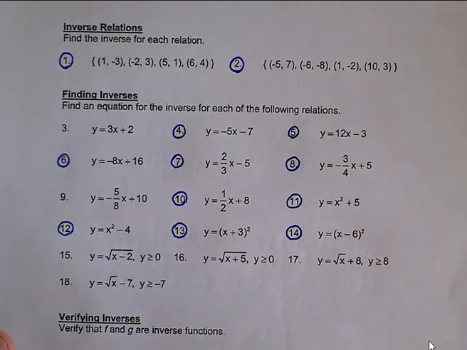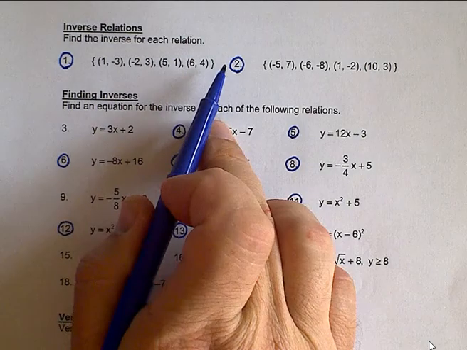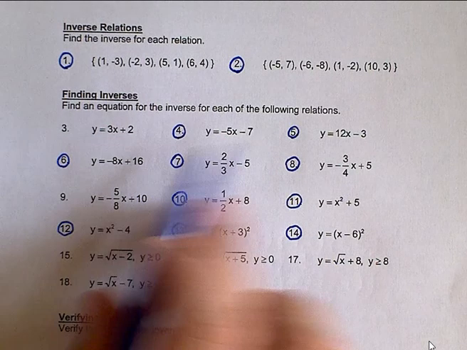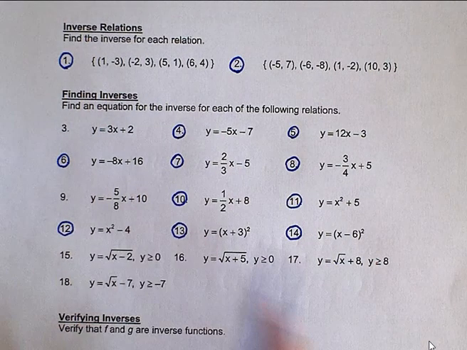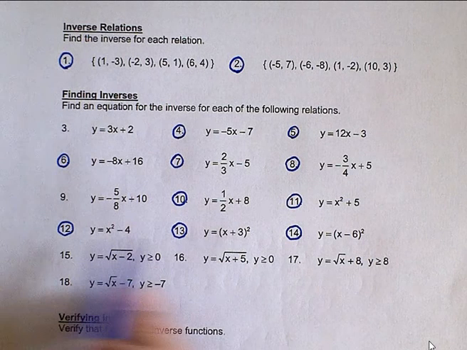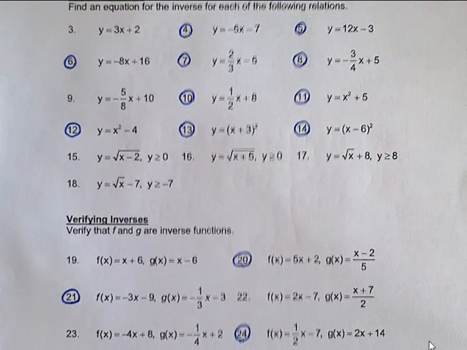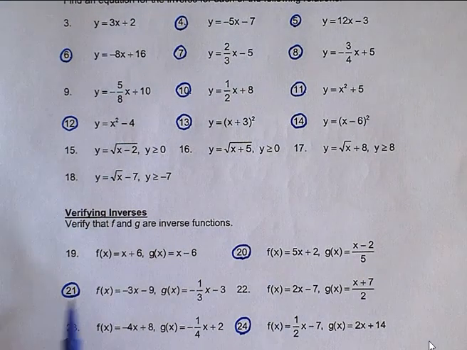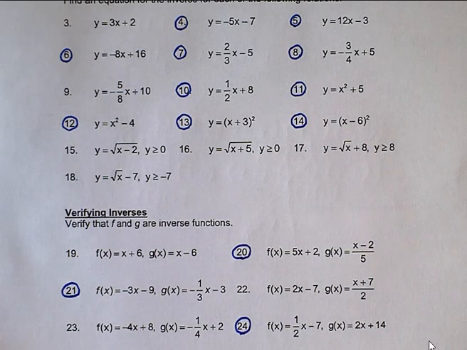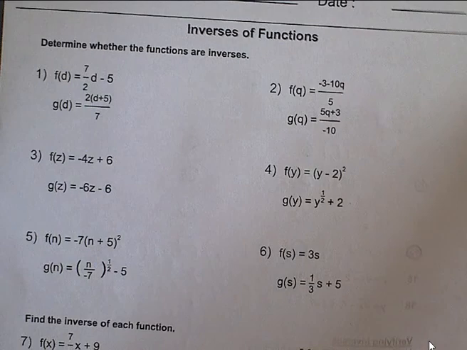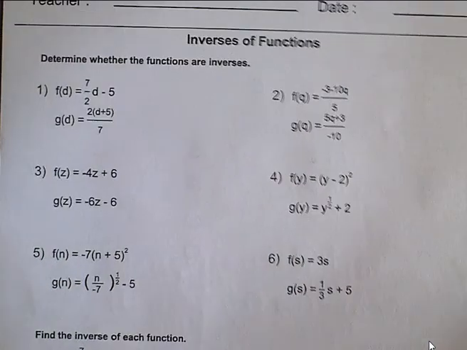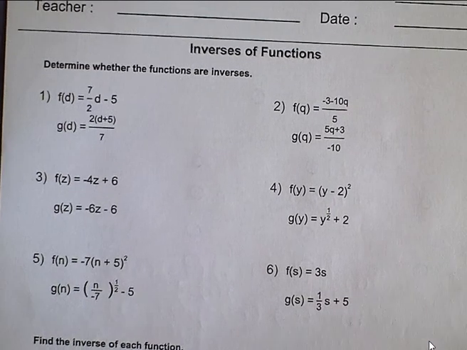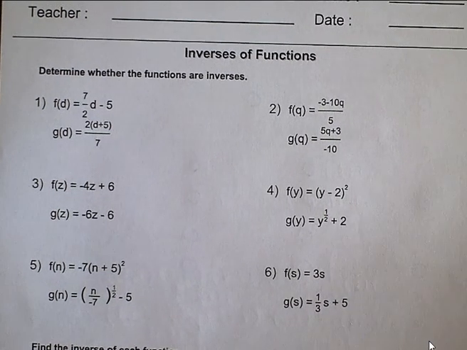Circle 1 and 2, 4, 5, 6, 7, 8, 10, 11, 12, 13, 14, and then on the bottom, circle 20, 21, and 24. That should be 15 problems, and that's all to do. Do not do any of the problems on the back side. It's just more than we need to mess with at this point.